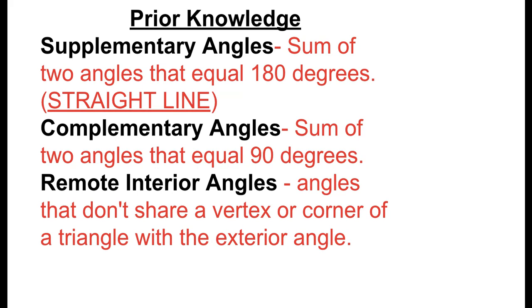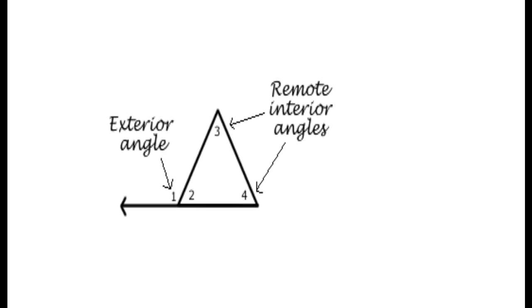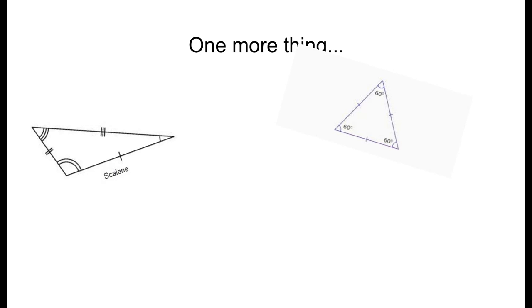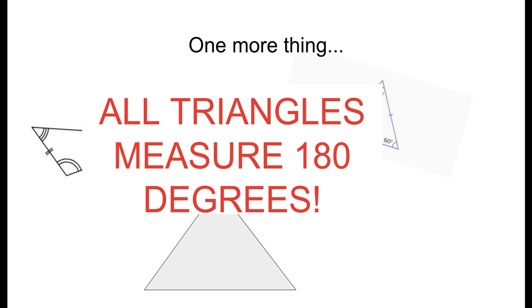Remote interior angles are angles that don't share a vertex or corner of a triangle with the exterior angle. Here we see that angles 3 and 4 are remote interior angles. And one more thing, no matter if it's a scalene or an equilateral triangle or any type of triangle, all triangles measure 180 degrees.